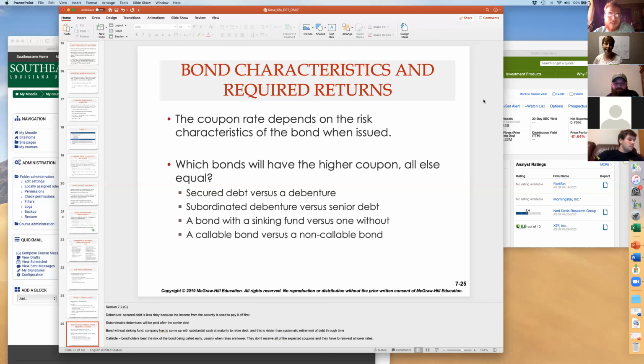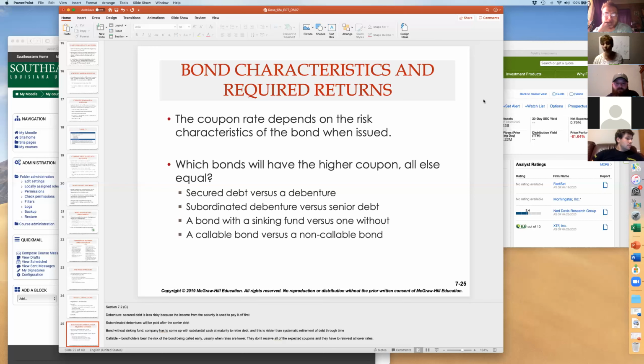Sinking funds make it more sure you're going to get your interest and principal in time, because they're prepaying into the sinking fund early. And with that sinking fund, you're going to have a lower coupon. Without a sinking fund, the coupon's going to be higher.